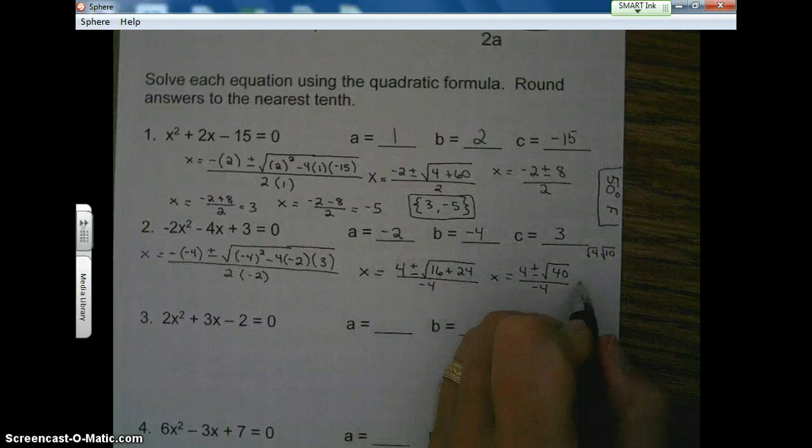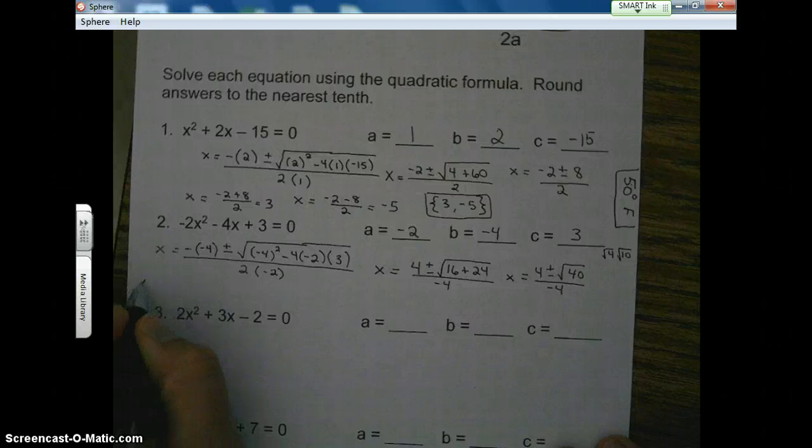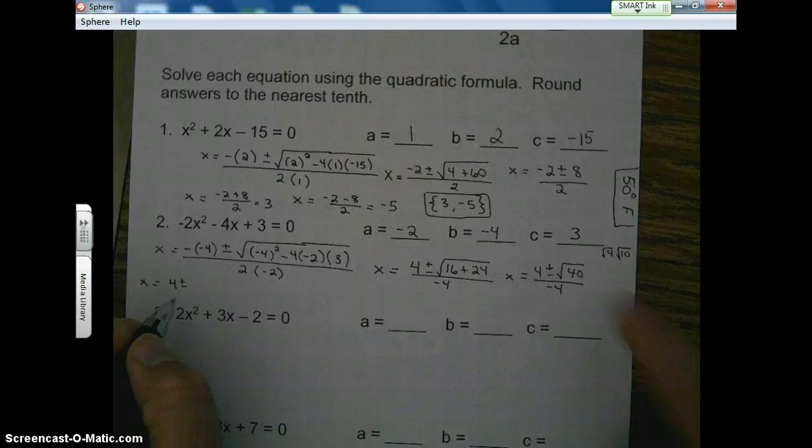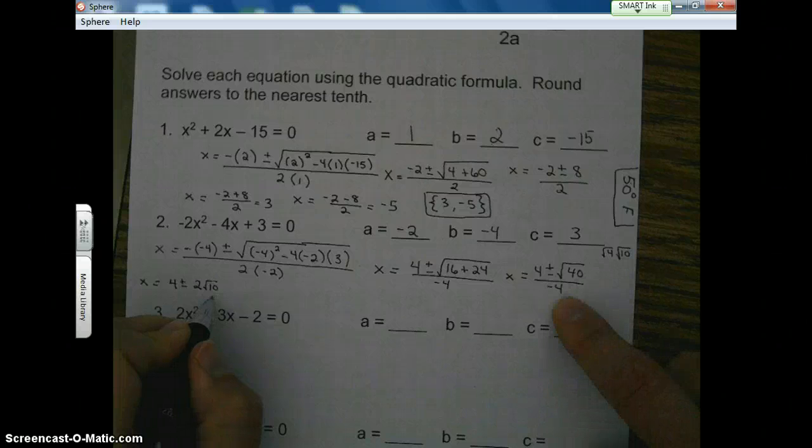Yeah, better just go over here. x equals 4 plus or minus. We're going to take the square root of 4, which is 2. Then the square root of 10 gets tagged on the end, all over negative 4.